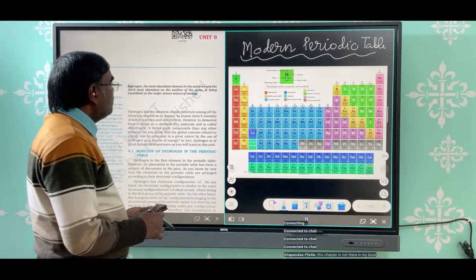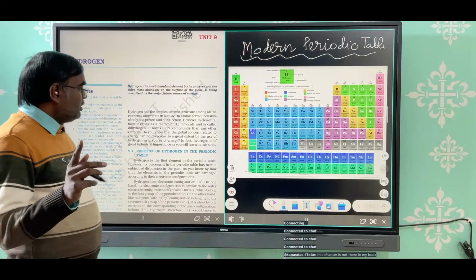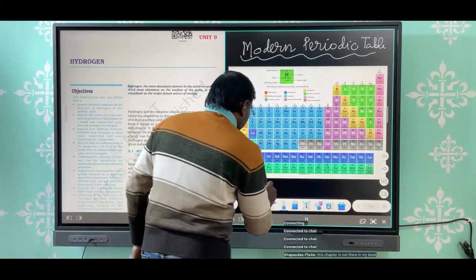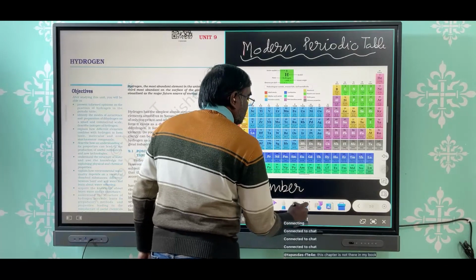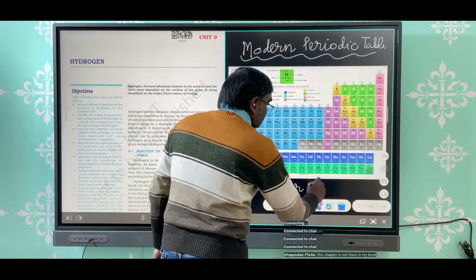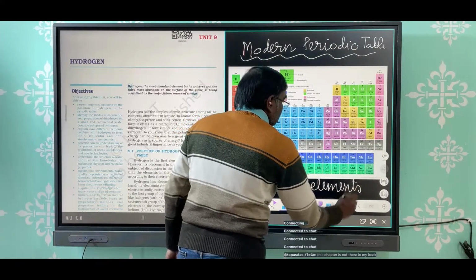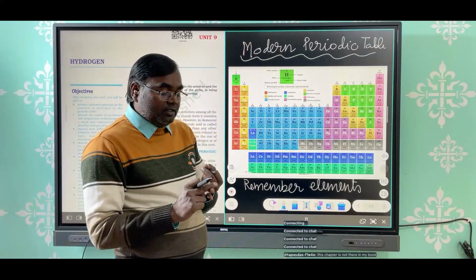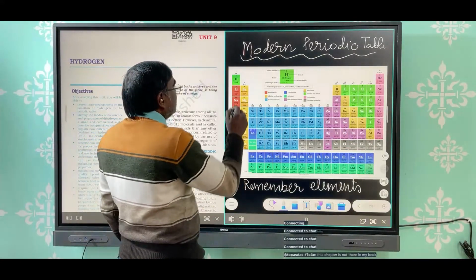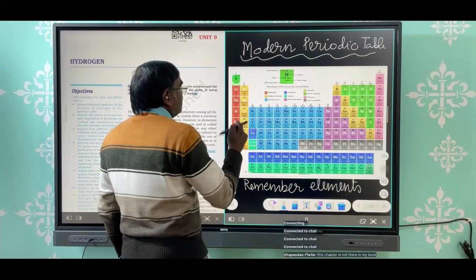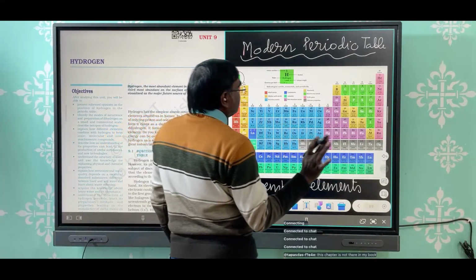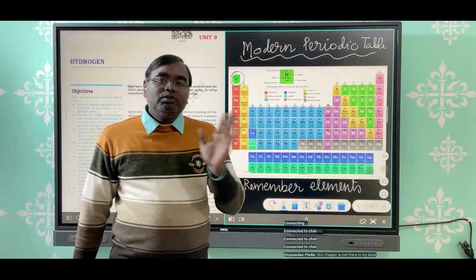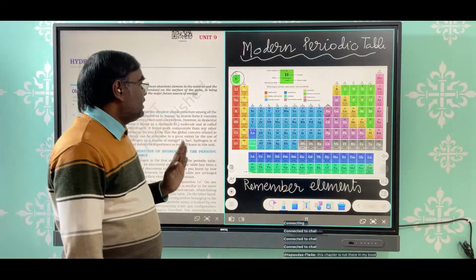One request for all you students: please remember the elements' names, symbols, and atomic numbers from 1 to at least 30, that means from hydrogen to zinc, which is 30.